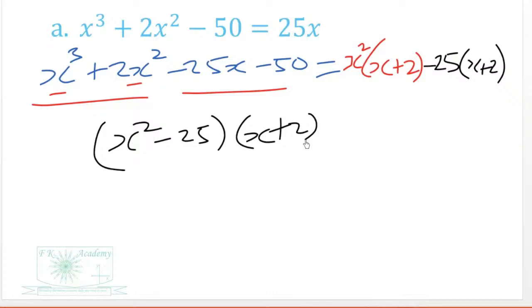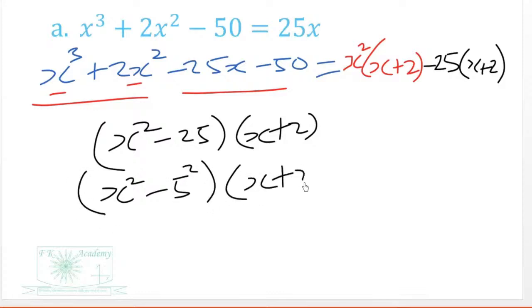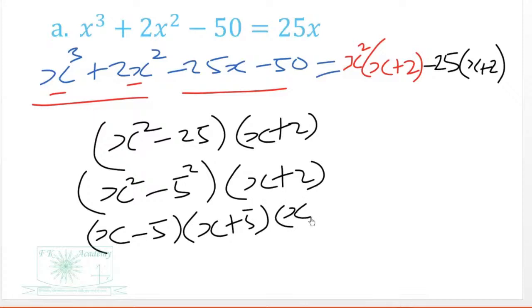So this will give us, by difference of two squares, x squared minus 5 squared. And this will further give us x minus 5, x plus 5, x plus 2.